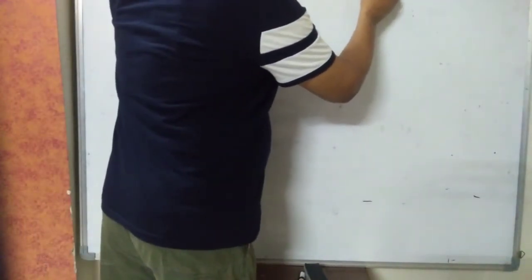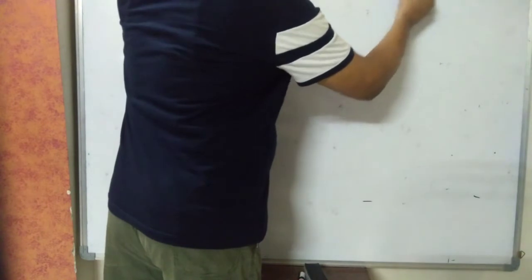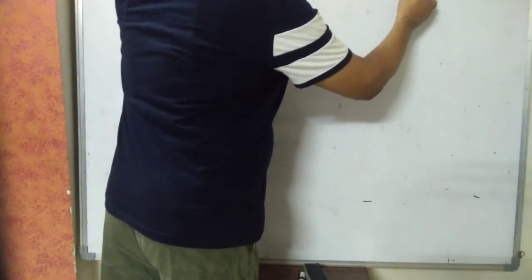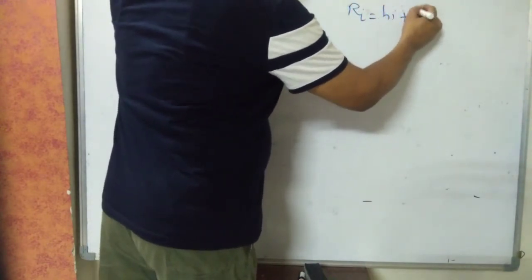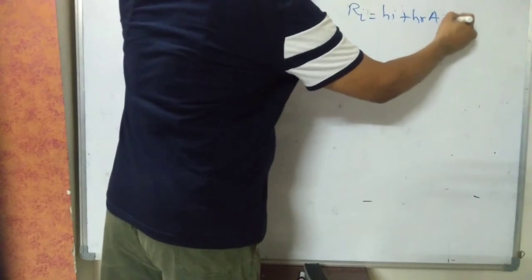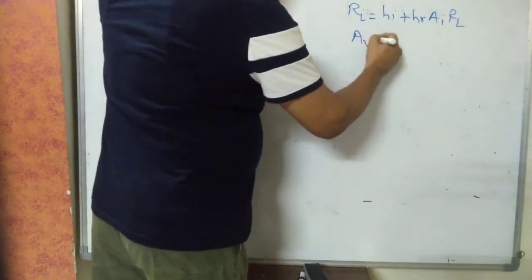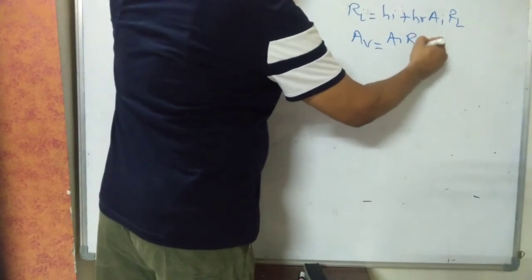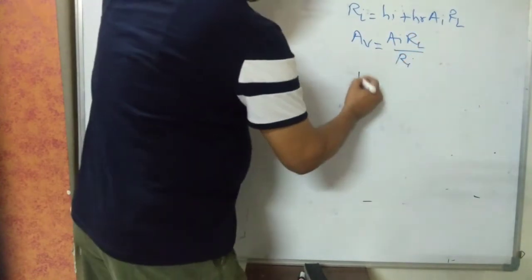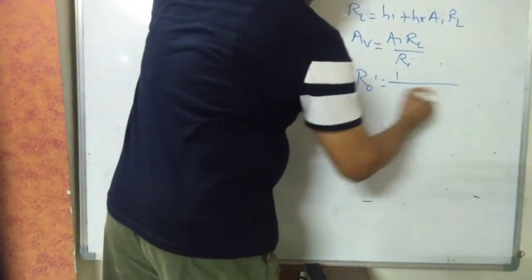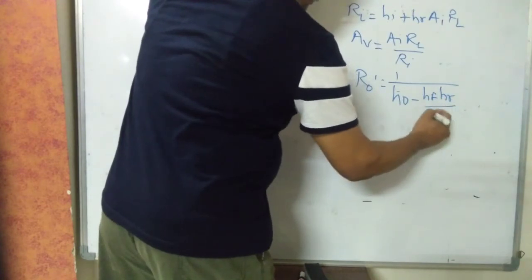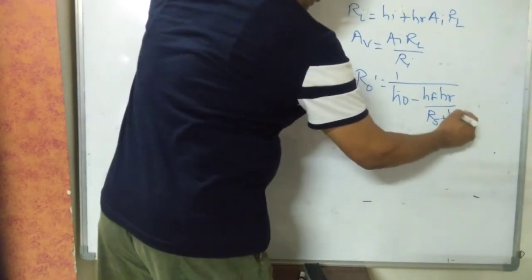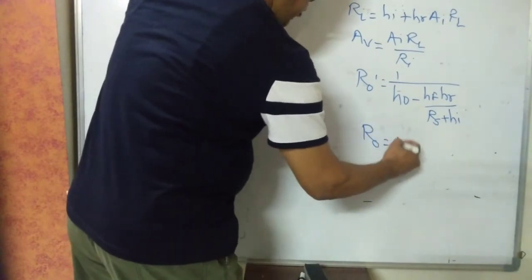So in the previous lecture we have studied AI equal to, Ri equal to, AV equal to, Ro dash equal to, Ro equal to.